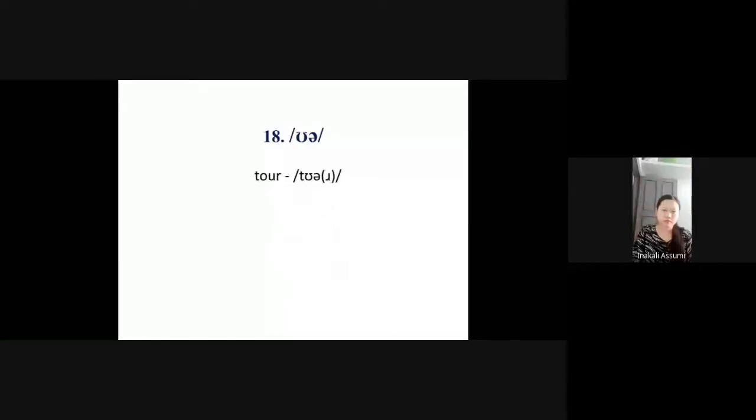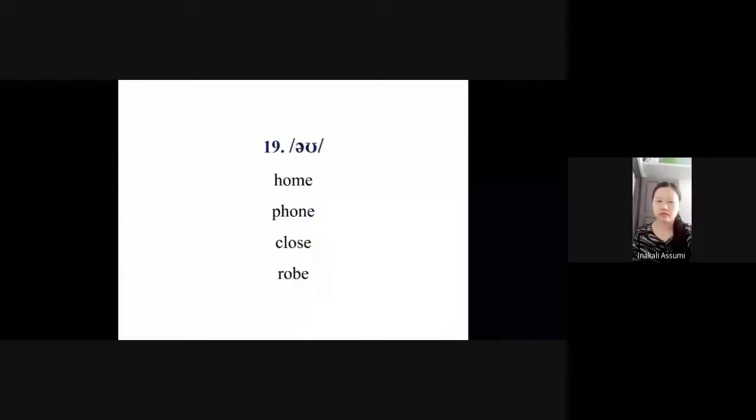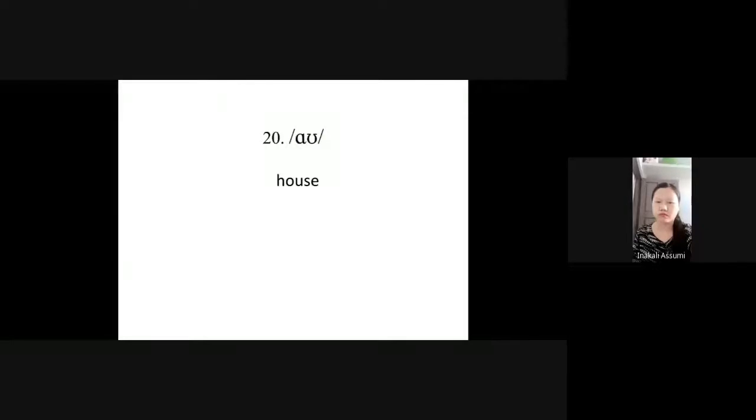Then oo and ah: tour. Sometimes we say door, or I hear people say, let's go for door. So tour, sure, furious. Oh: home, phone, close, rope. Oh: as in house, about, ground, bow.